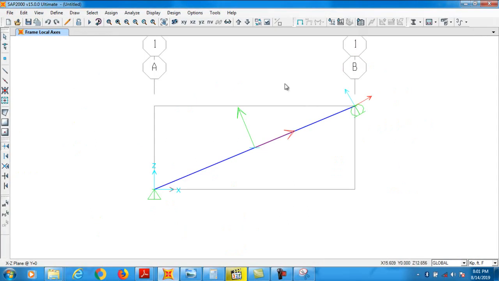So one thing you must make sure before the rotation of local axis of a frame element, or a line element in this case, is that you must bring up the local axis of this line element. How to bring the local axis of this line element?